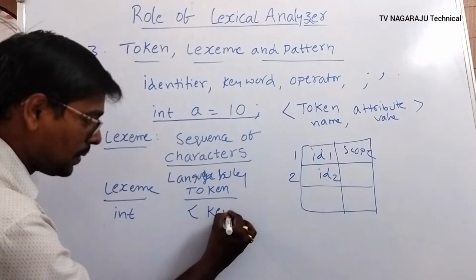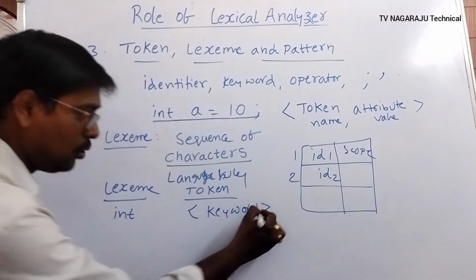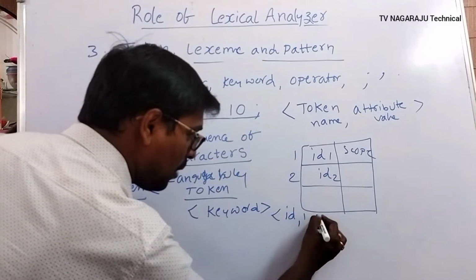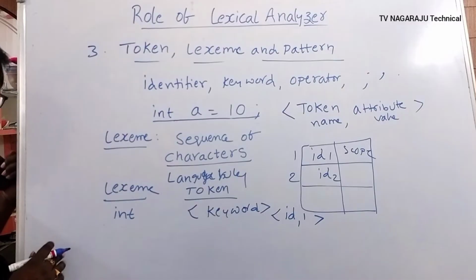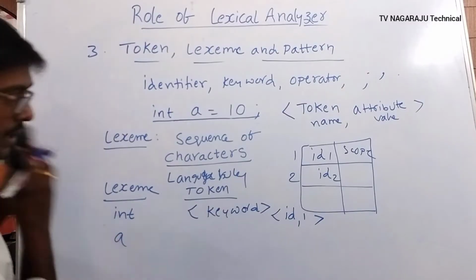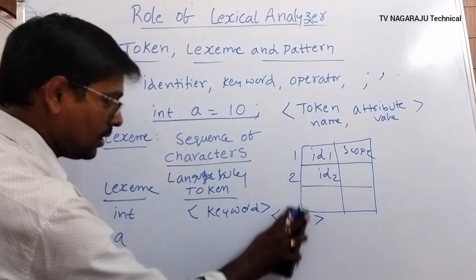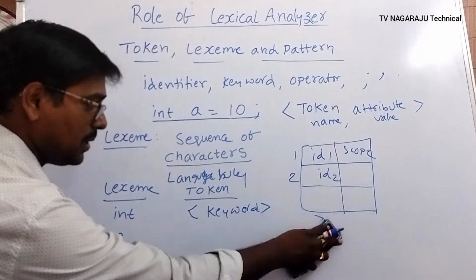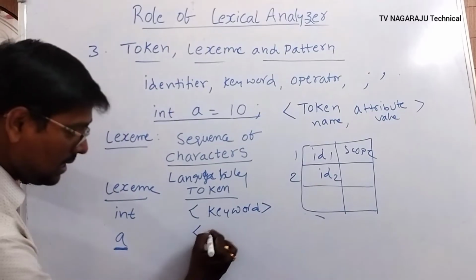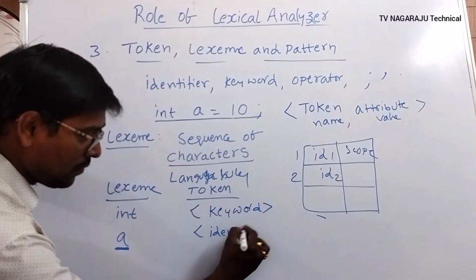Or you can represent it like this also: ID, 1. Actually, int is not an ID. int is a data type. Simply, it is a keyword. For example, a. a is an identifier.